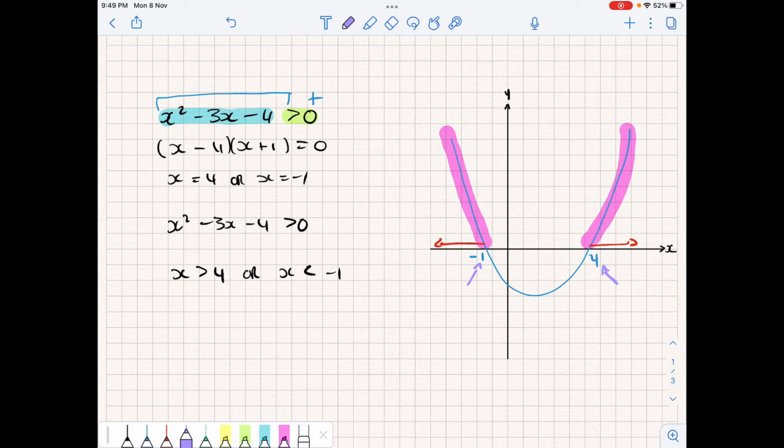Because if we know where the intercepts are, we can basically determine where the graph is negative and where the graph is positive. And generally when we're solving an equation, we make it equal to 0. And when we make an equation equal to 0, if we have a negative in front of the x squared, we just divide it out, because 0 divided by a minus number remains 0.